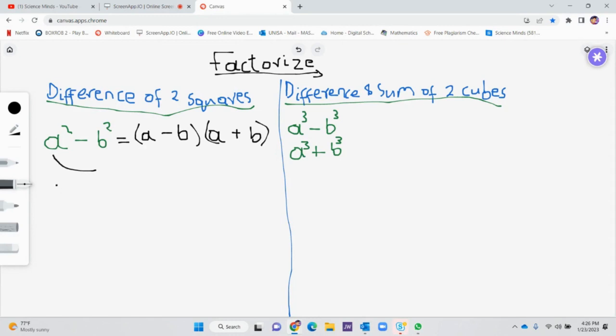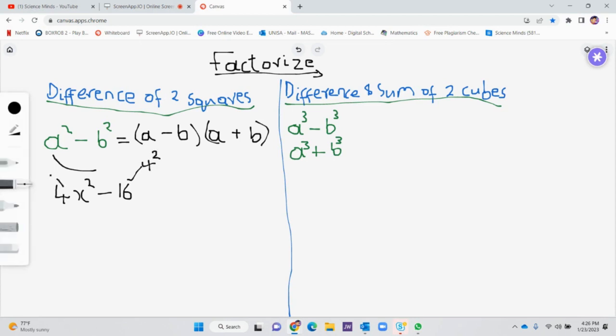Okay, let's have another example. 4x squared minus 16. So again, difference of two squares. 16 is 4 squared, so that makes it a square.